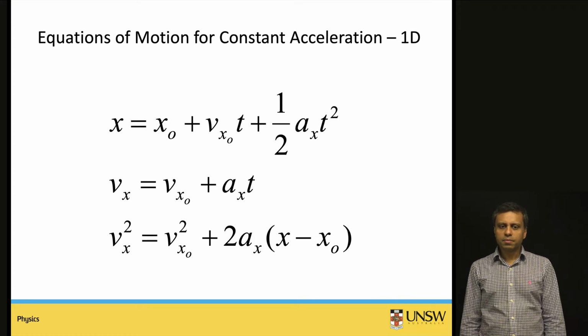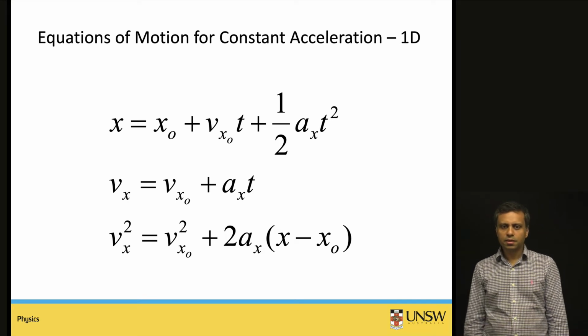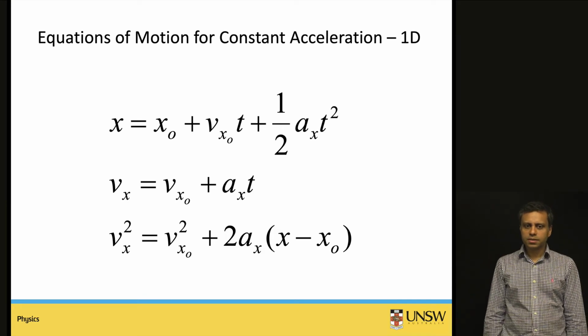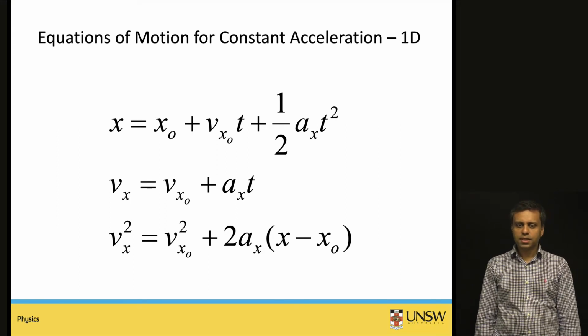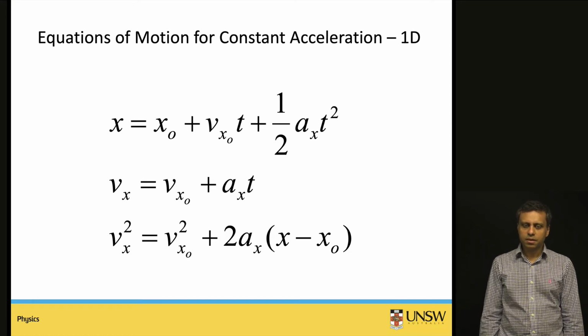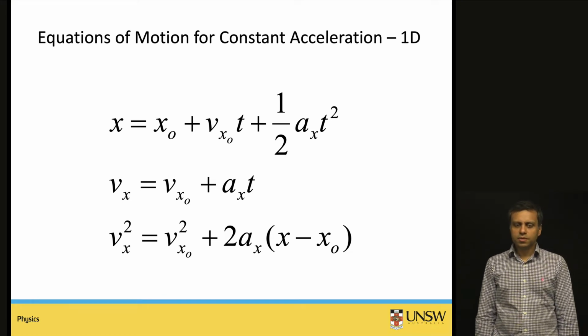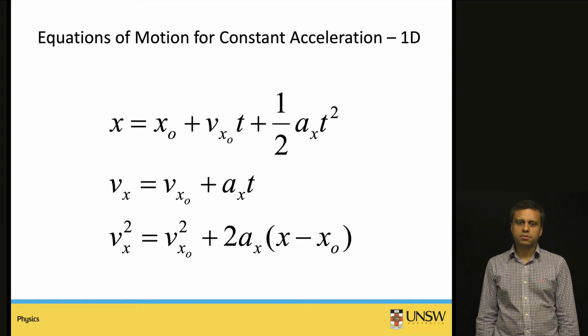If the problem doesn't mention the position, but is asking you, for example, about final velocity or initial velocity or acceleration, given some other quantities, then you could apply the second equation. And notice in the third equation, the time variable is missing. So if the problem doesn't tell you the time, you could apply the third equation.